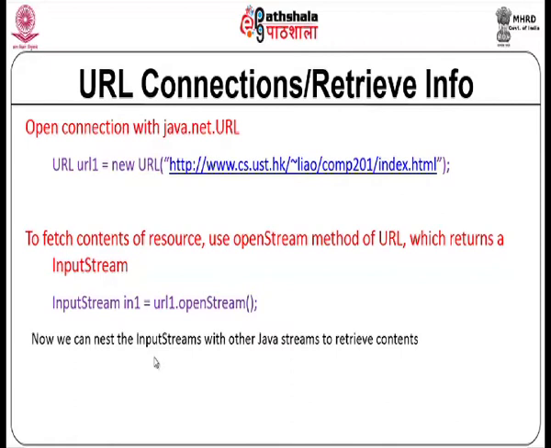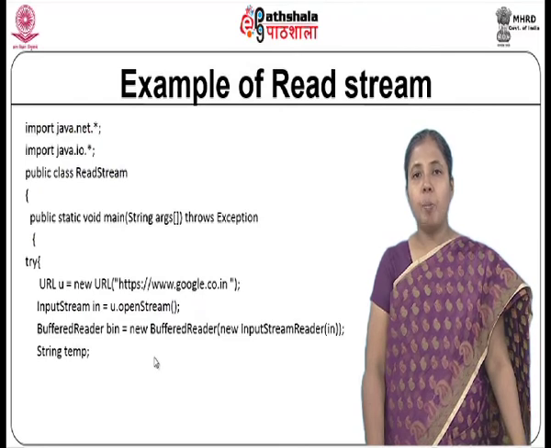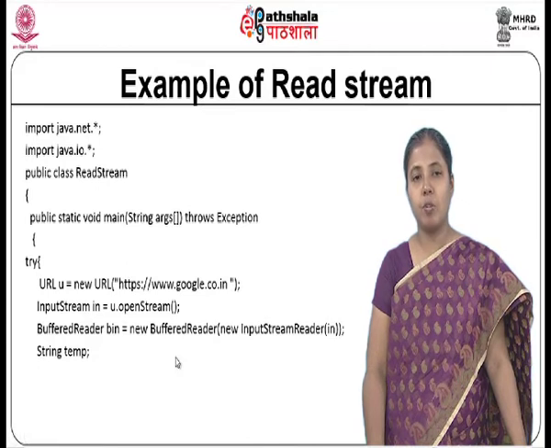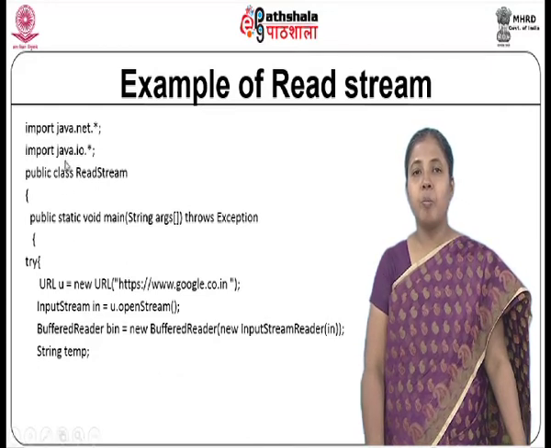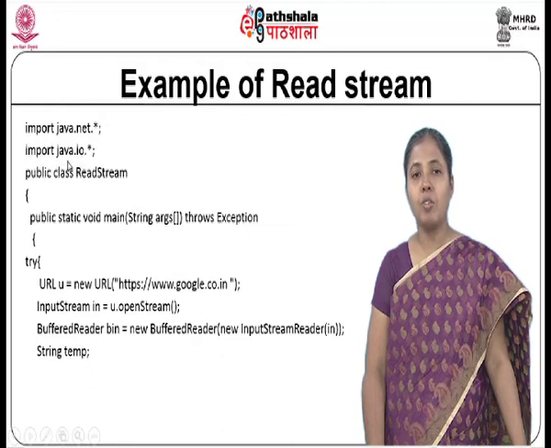So we can see some example programs showing how we do all these things. This is an example program to read a stream from a URL. Given a URL, you want to read a stream from a server. The first thing you need to do is import the package java.net.*, and since you are going to use some of the IO classes, import the package java.io.*. Then define a class and have a main method.